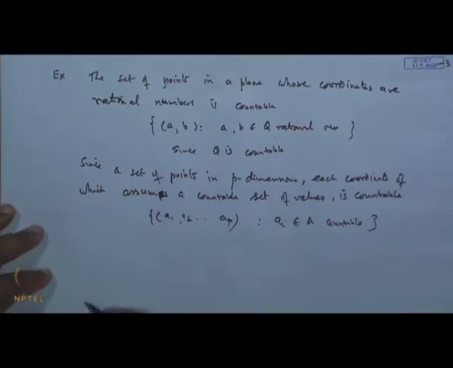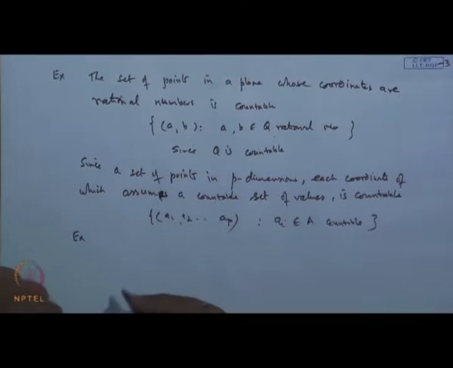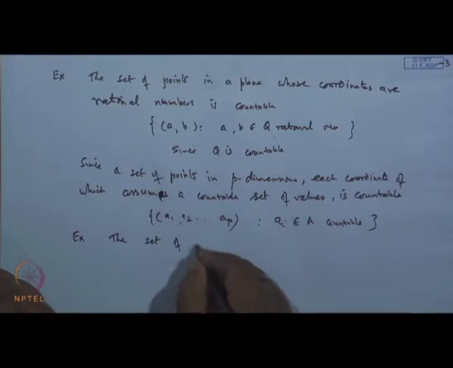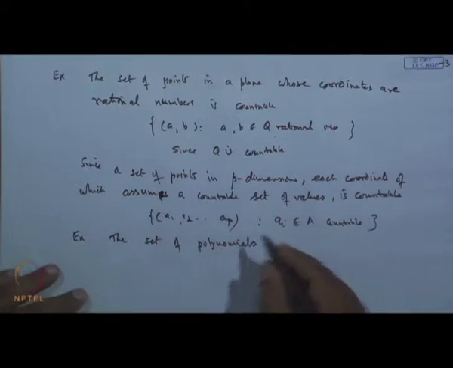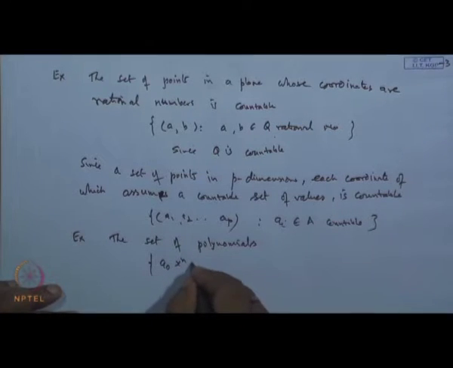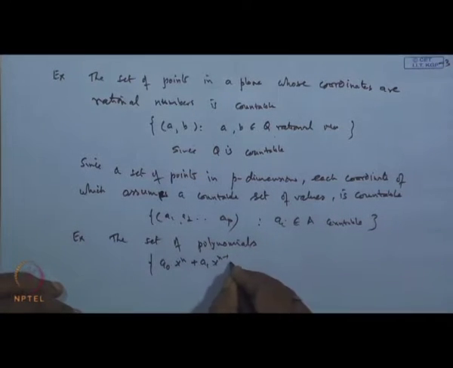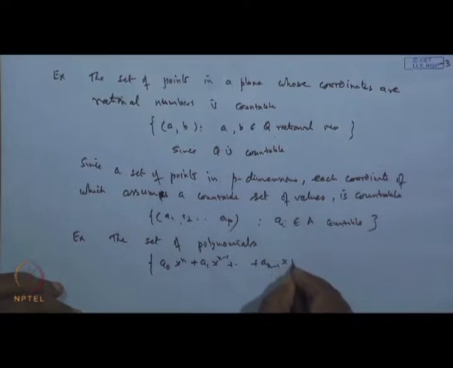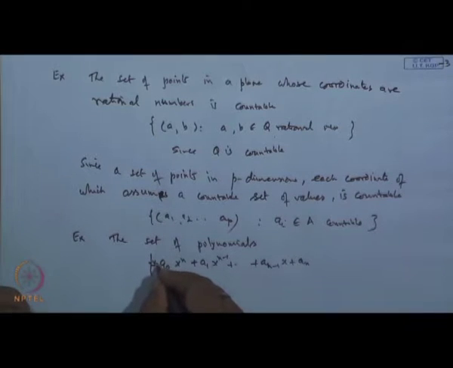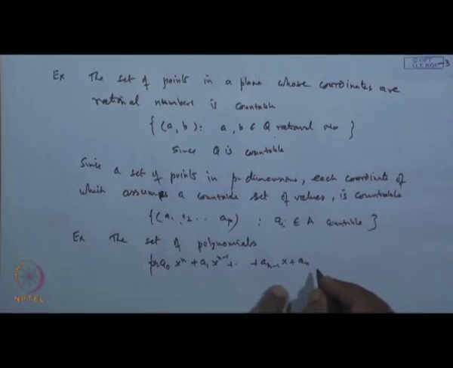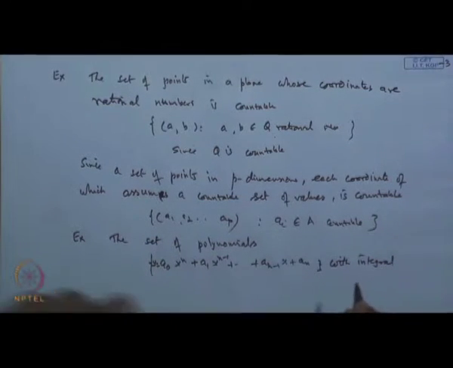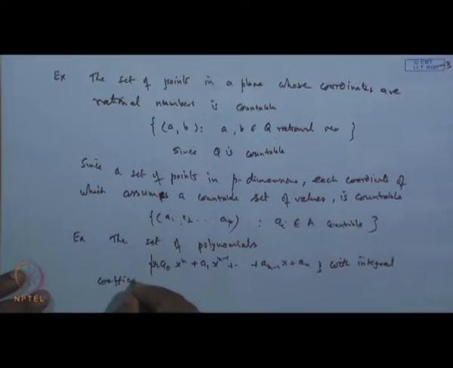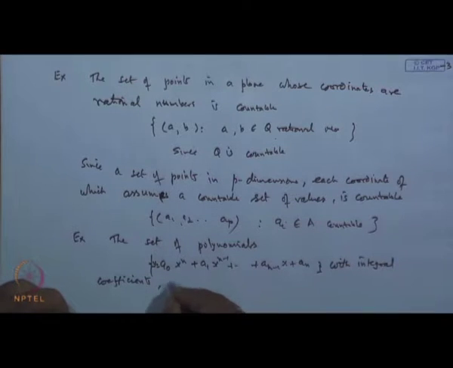Okay. Now, based on another result, which is the set of polynomials a0 x to the power n plus a1 x to the power n minus 1 plus ... plus a(n-1) x plus an, this set of all polynomials where the coefficients are integral, that is, with integral coefficients, is countable.